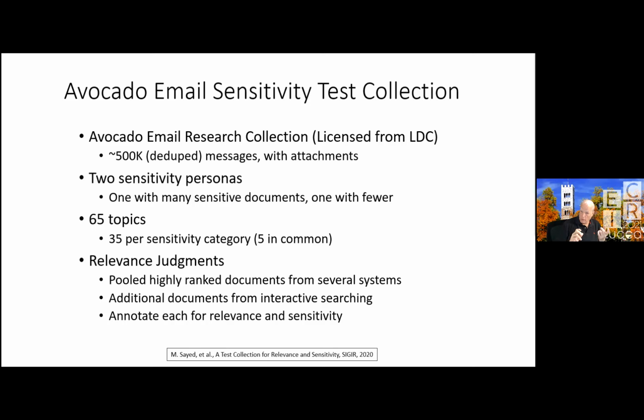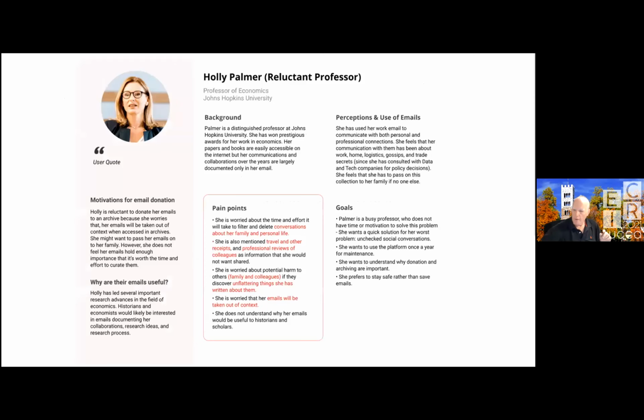And then we went and created annotations that actually point out where the sensitive content is in the collection and relevance to topics. And so the way we did it was we took those things that I was describing, those interviews with the archivists and the donors, and we created fake personas. These are personas in the human-computer interaction sense that help you think about design.